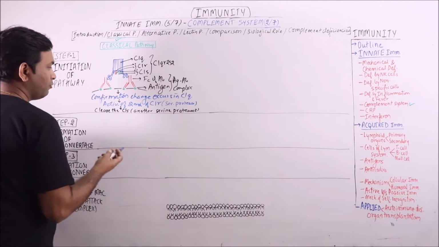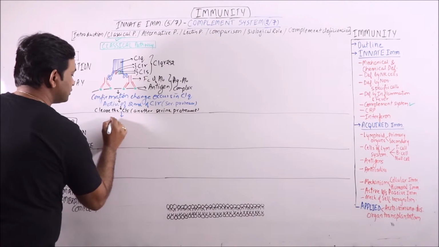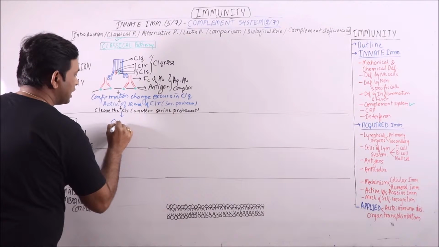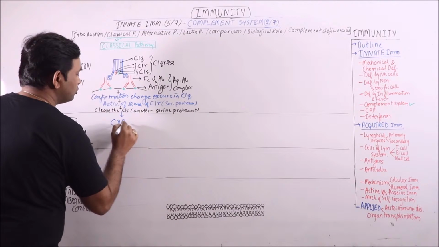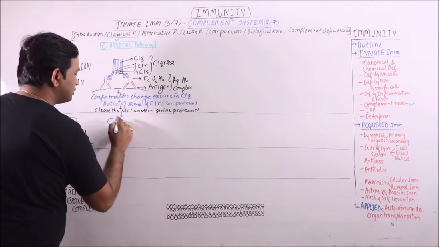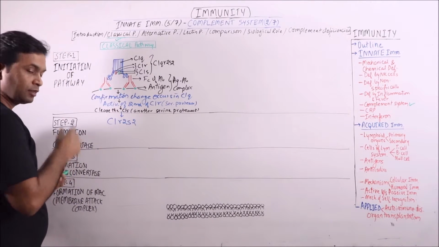So finally, what is going to happen, that is C1 R2 S2 complex is formed.